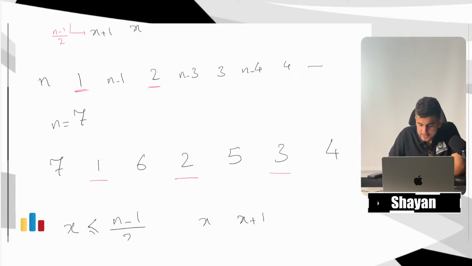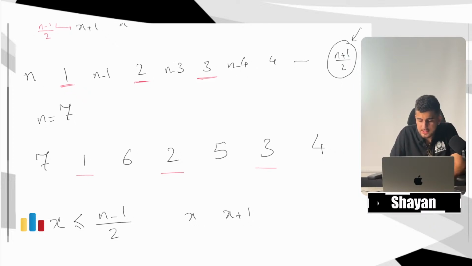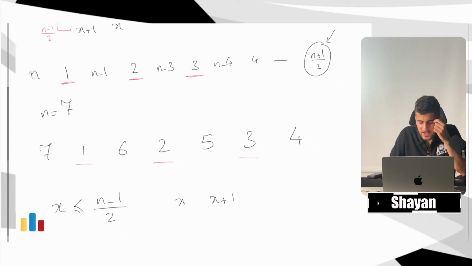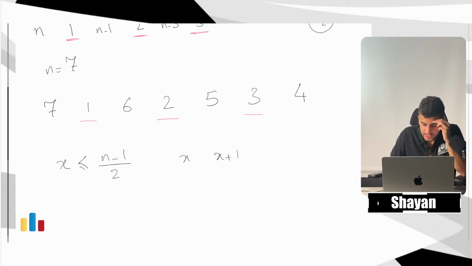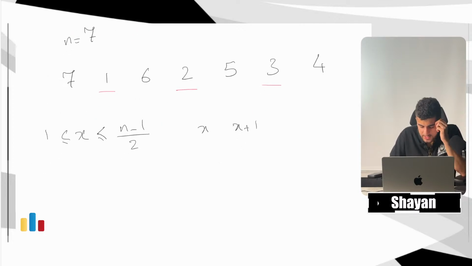These are all the numbers less than or equal to n minus 1 over 2, and n plus 1 over 2, the middle value among the numbers from 1 to n, is the last element. So for each x from 1 to n minus 1 over 2, it's like this.